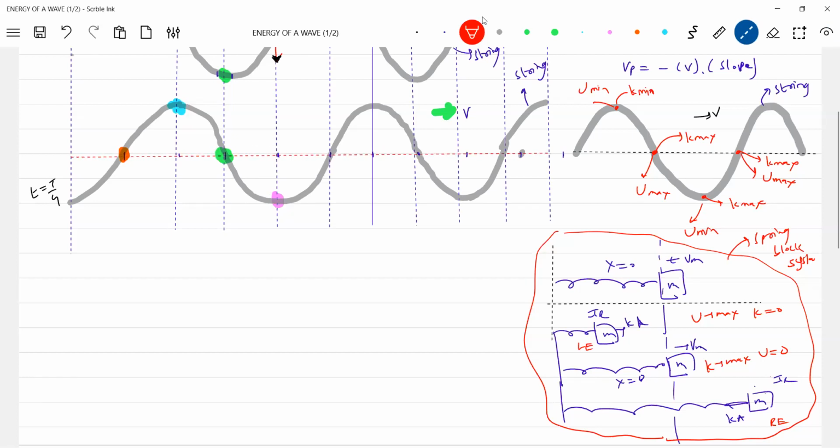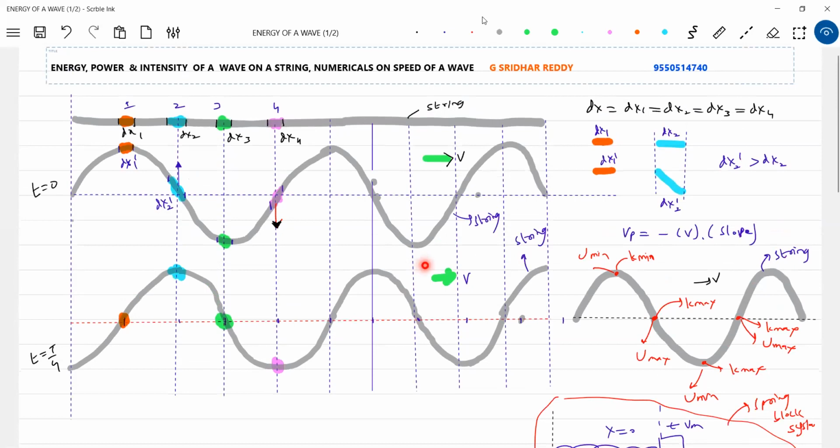You should accept this one. If a system executes SHM, then potential energy and kinetic energy both can be maximum at the mean position. Maybe, not must be, because this is one case. So you have to be careful.